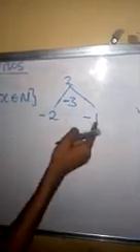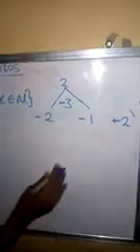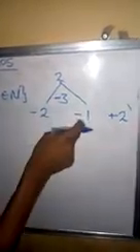So add minus to this one. Minus 2 times minus 1. Minus times minus will give you plus. 2 times 1 will give you 2. Now minus 2 plus minus 1, this will be plus minus is minus. Minus 2 minus 1, which is equal to minus 3.